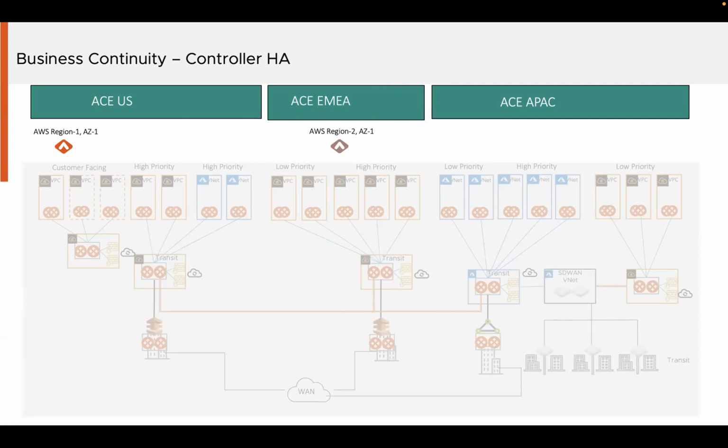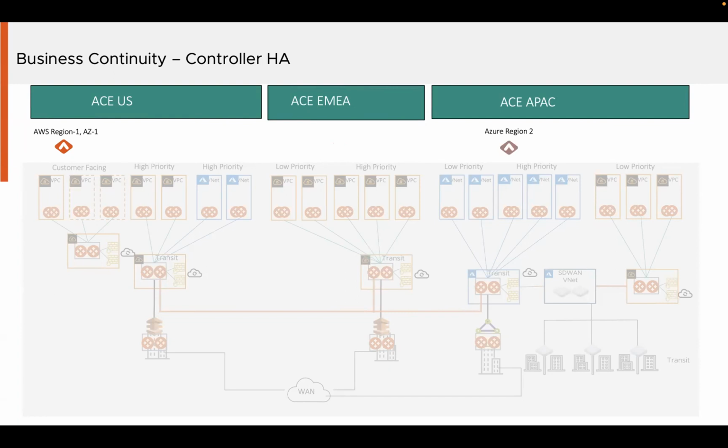And then if something happens, you have everything backed up properly, and you can just bring that other region's controller up and run it. So that is your multi-region HA for your controller. Similar kind of stuff you can achieve for a multi-cloud environment as well.